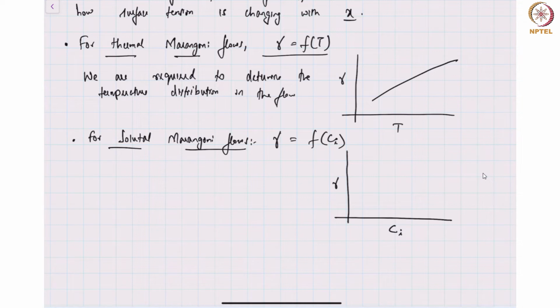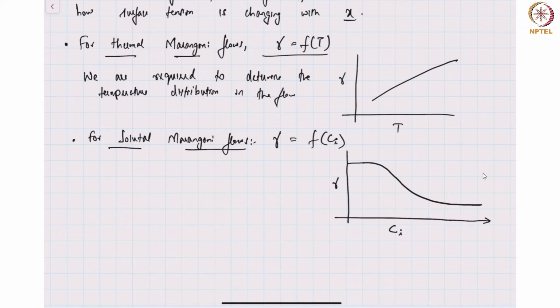Typically what you will find is that as you increase the concentration, surface tension drops. So you have a typical curve which looks like this. At large concentrations, surface tension reaches a saturation value, and at very, very small concentrations, again, surface tension reaches a saturation value for the clean interface. Clean interface as in, what is the surface tension in the absence of surfactants?